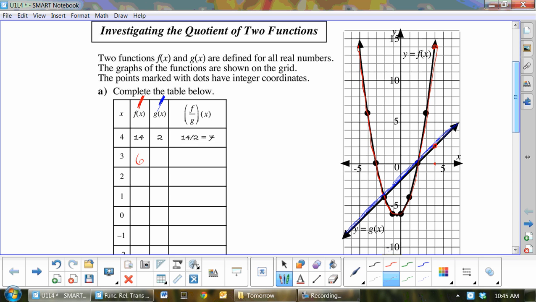And what's it hitting on the blue line? 1. Okay, 6 divided by 1 is 6. And the diploma, I think, is nice enough to actually put those dark points in there, so you know you're not reading in between. Okay, let's do 2.